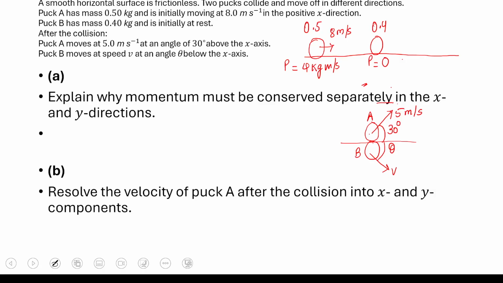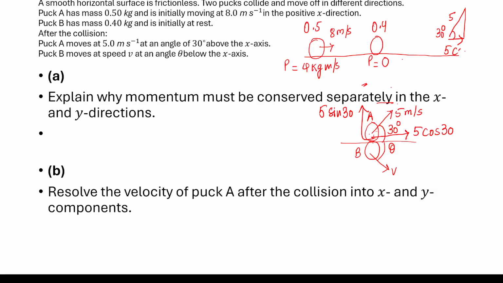If you have a right angle triangle, this is 5 and this is 30 degrees. So the horizontal is always cos, the side touching is adjacent, right? So cos, and the perpendicular side is sine, 5 sine 30. So my vertical component is 5 sine 30.